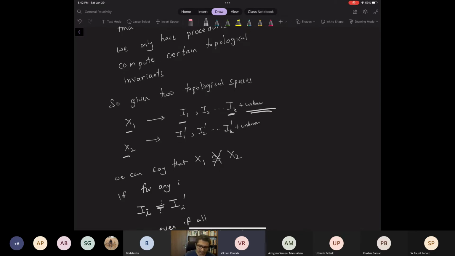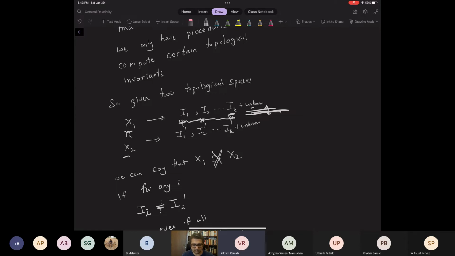Now we can say that x1 and x2 are not homeomorphic to each other if any 2 of these topological invariants are not the same. If the corresponding topological invariants disagree with each other, then we can be sure that x1 and x2 belong to different classes. But if all of these topological invariants are the same, we still can't be completely certain that x1 and x2 are homeomorphic to each other, because some of these unknown topological invariants, which we've not yet discovered, may be different.